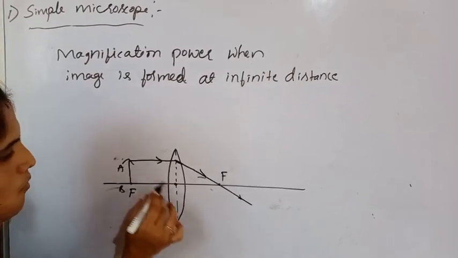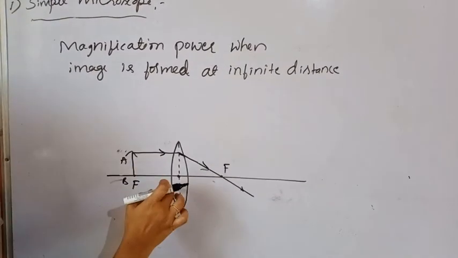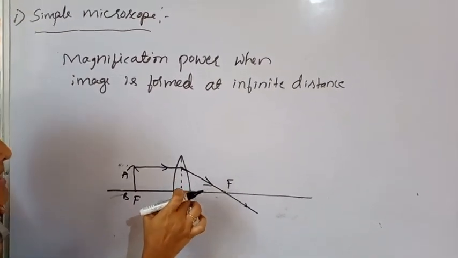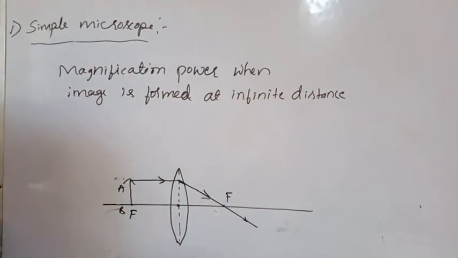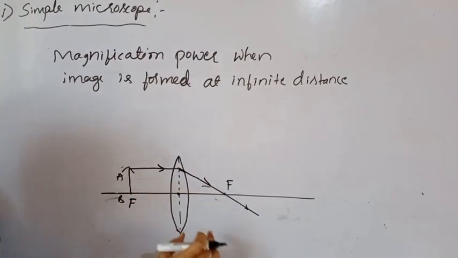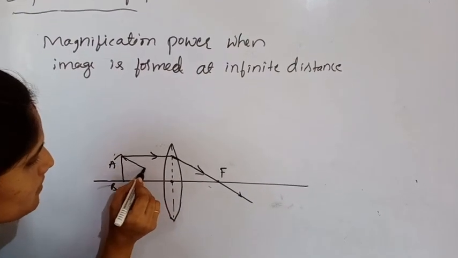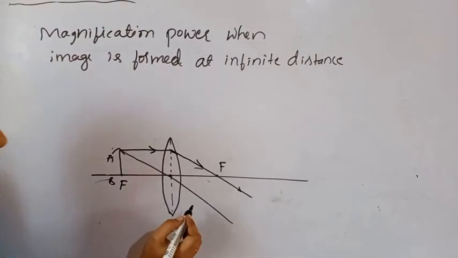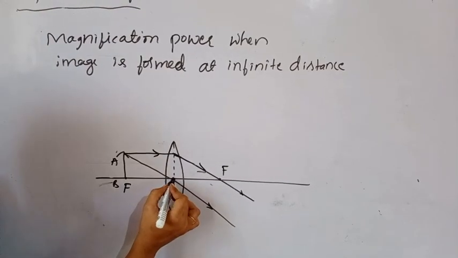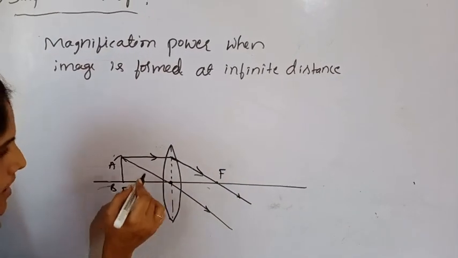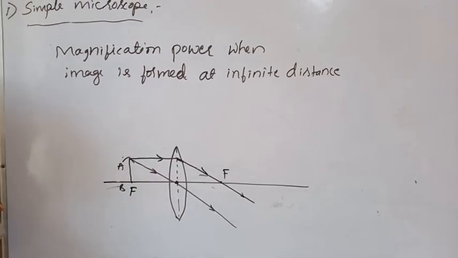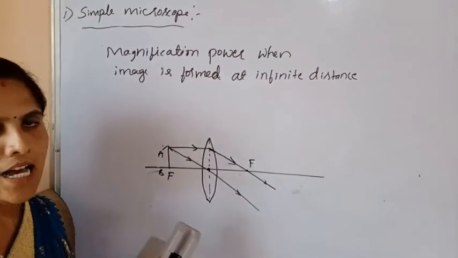Let us consider one more ray which passes through the optical center of the lens. The ray passing through the optical center moves undeviated.